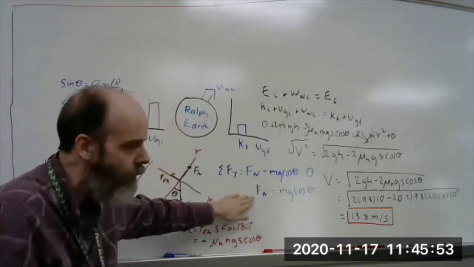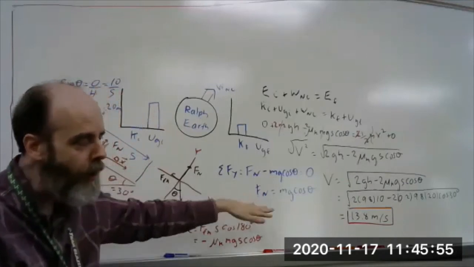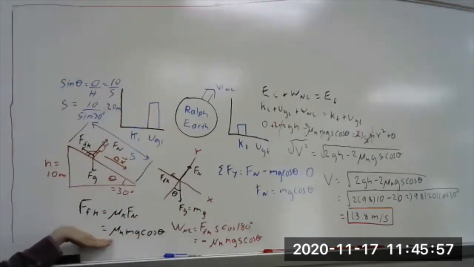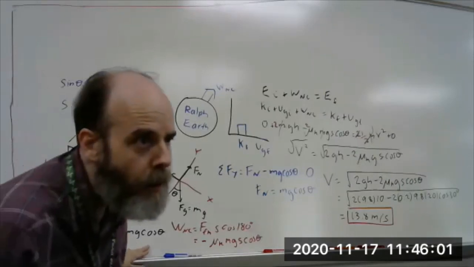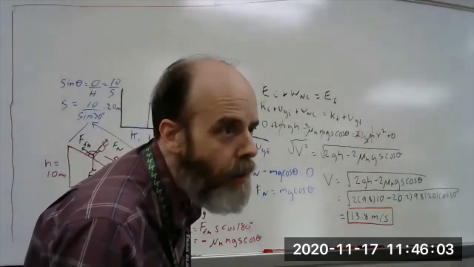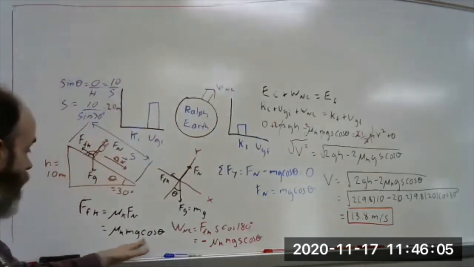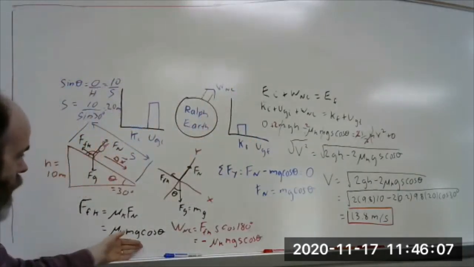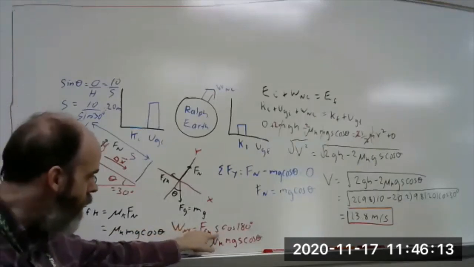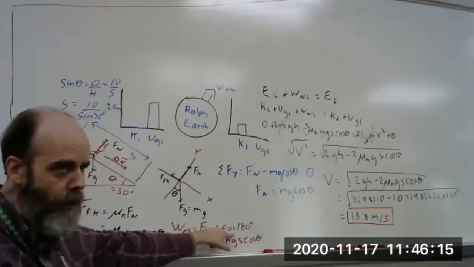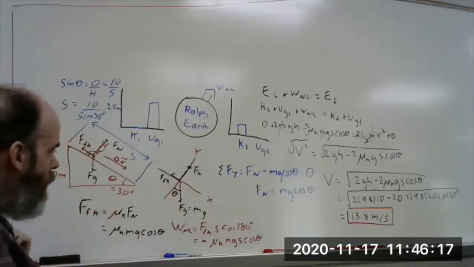So we get Fn is mg cos theta. So force of friction is mu k mg cos theta. And so once we got the force of friction, the work is force of friction times the displacement times cos 180 degrees, because they're in opposite directions.